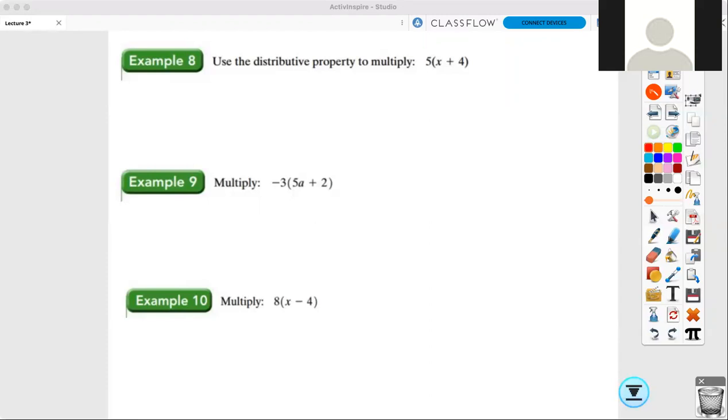All right, example 8, y'all. We're going to use the distributive property to simplify or multiply 5 parentheses x plus 4.